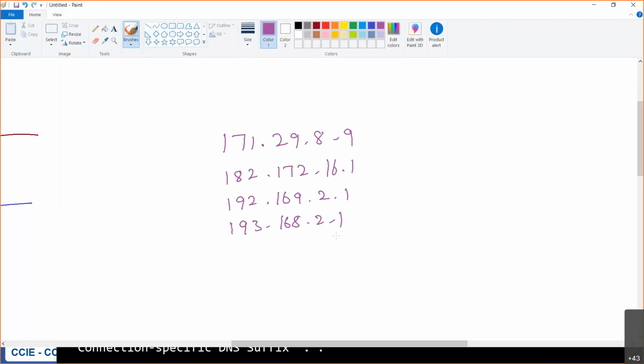It's also public. 172.30.2.1, it's private IP. 10.2.1.2 is also private IP, right? 192.168.0.129 is also private IP.